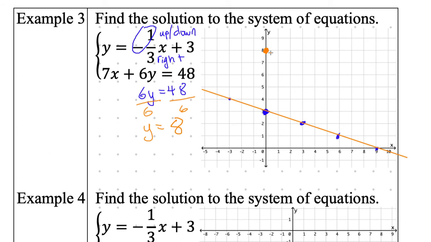And then we are on to the x-intercept. How do I find the x-intercept after I found the y-intercept? Esha? Well, you turn the y into 0, so then it would be 7x equals 48, and you divide by 7 on both sides.